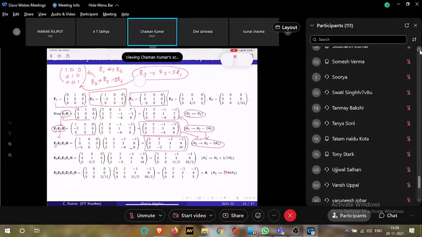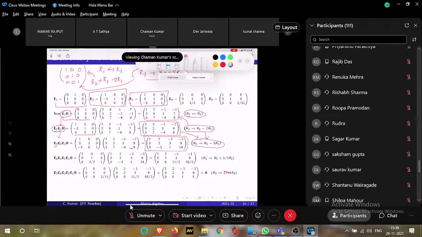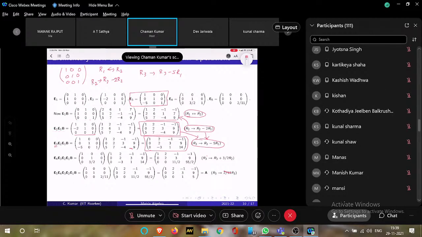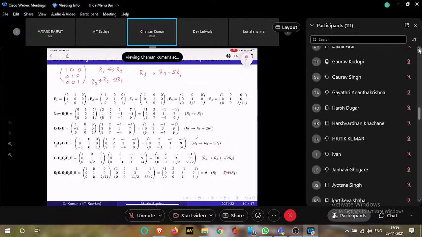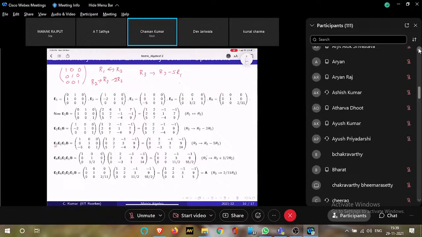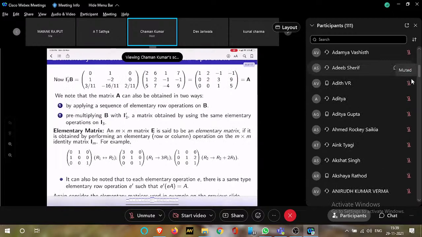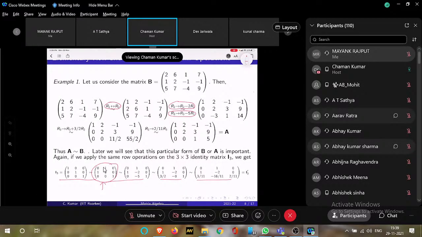So now I will keep this and I will erase all these so that you can see where my pen is working. Now what is the next operation that we have done on the matrix B? The next operation on matrix B is R3 plus 3 by 2 R2.